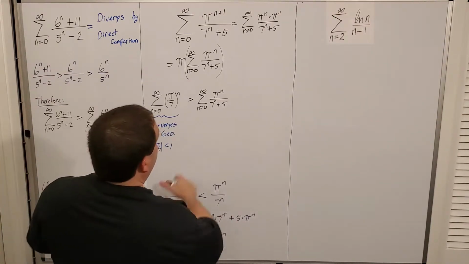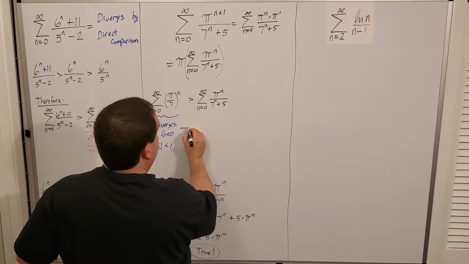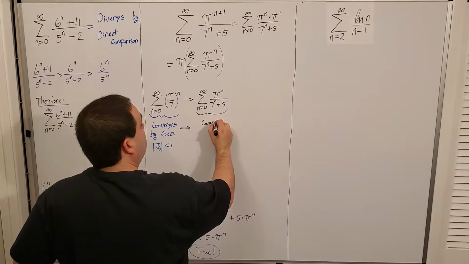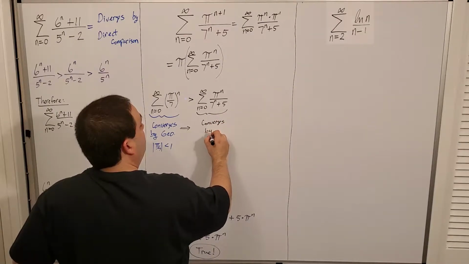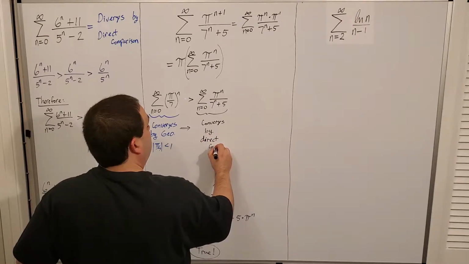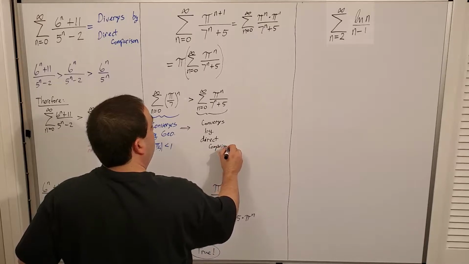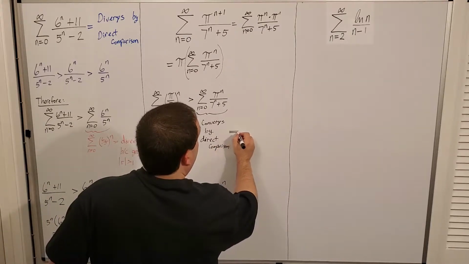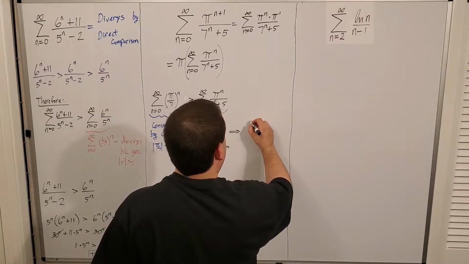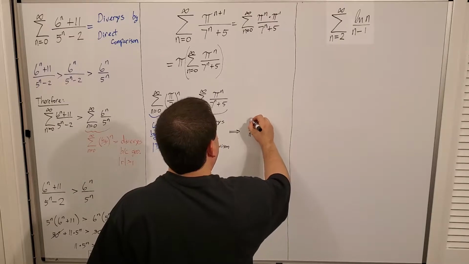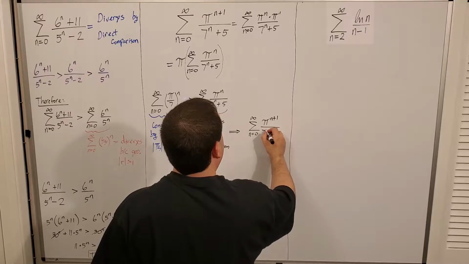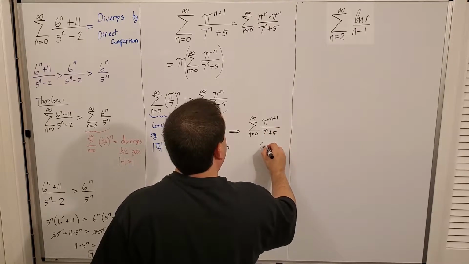Since this converges by geometric series, that implies that this converges by direct comparison. Which implies that our original series, pi to the n plus 1 over 7 to the n plus 5, converges.